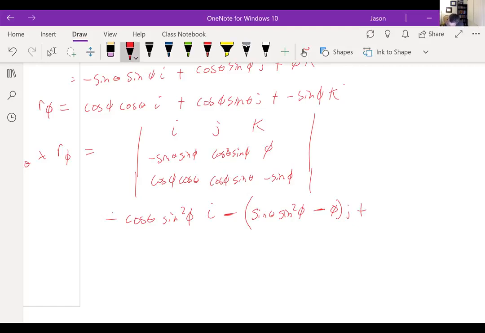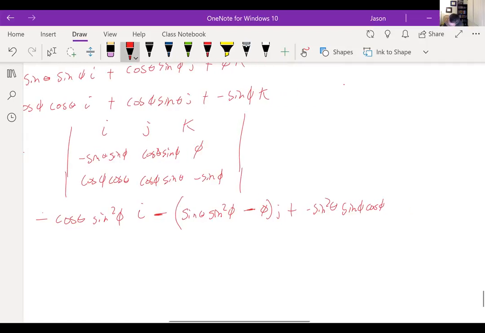Cosine phi. So we've got negative sine squared theta, and then sine phi cosine phi, minus cosine squared theta, and again sine phi cosine phi.